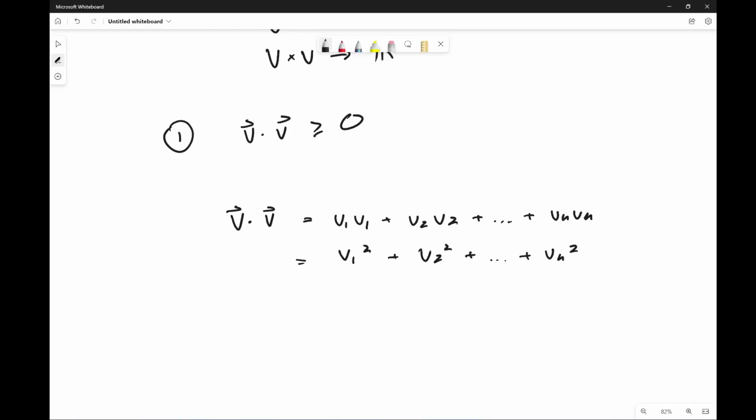So we know if we square a number, it must give us a non-negative product. So if all of these are non-negative, then it must be greater than or equal to 0. We're summing all these non-negative products.